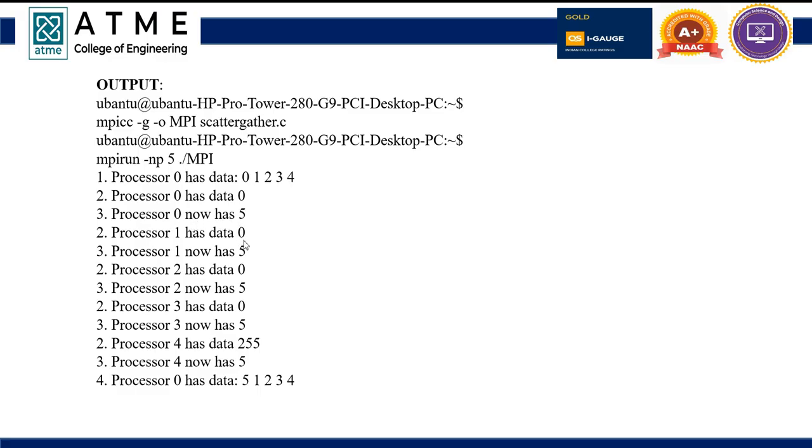Process 1 has data 0, now it has 5. Process 2 has data 0, now it has 5. Process 3 has data 0, now it has 5. Finally, process 0 has the data 5, 1, 2, 3, 4. So this is how the data is scattered and gathered.